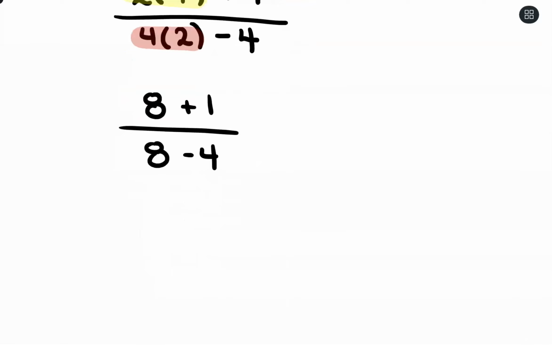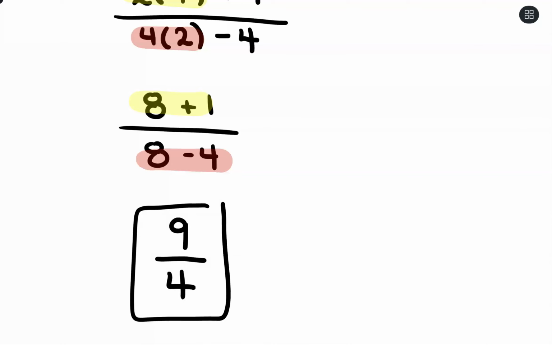So 8 plus 1 is 9. 8 minus 4 is 4. And then if we could divide it, we would, but it doesn't come out to a whole number, so we're just going to leave it like that.